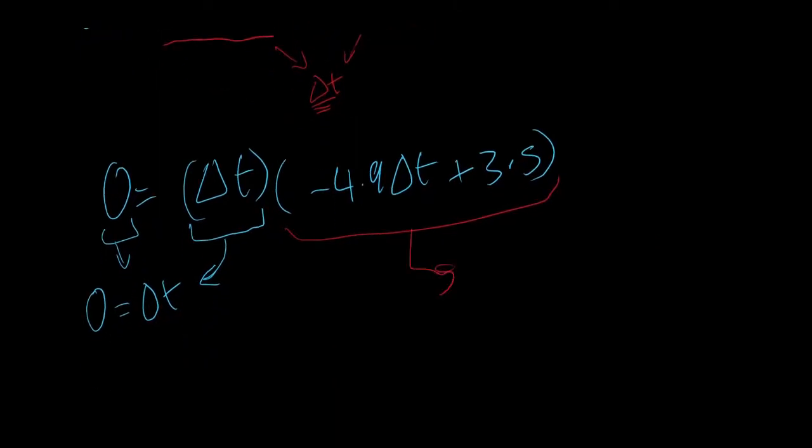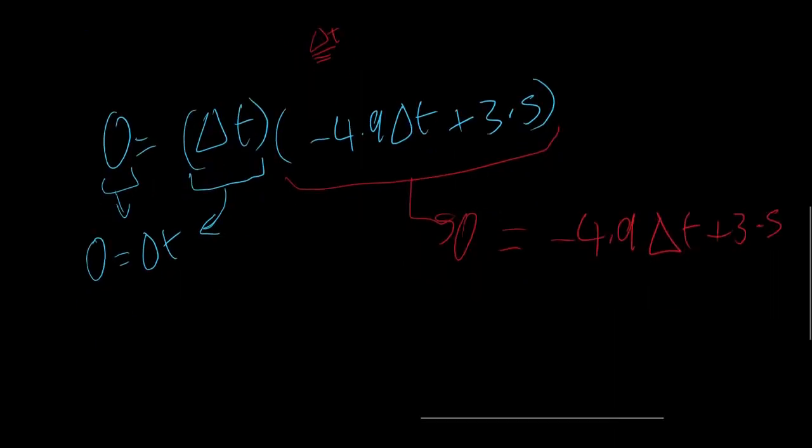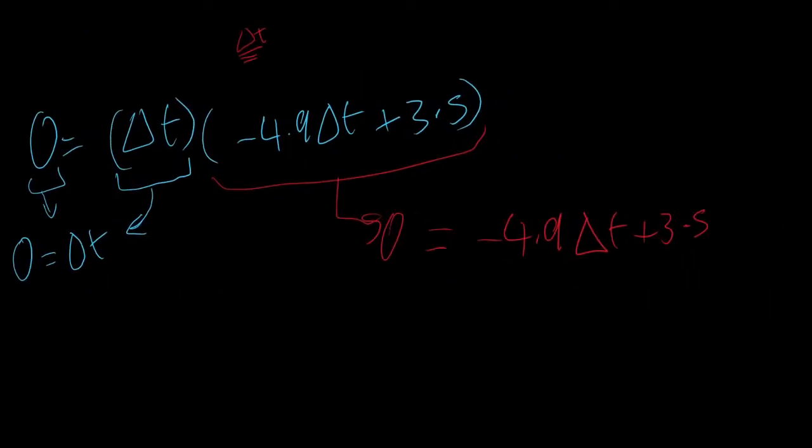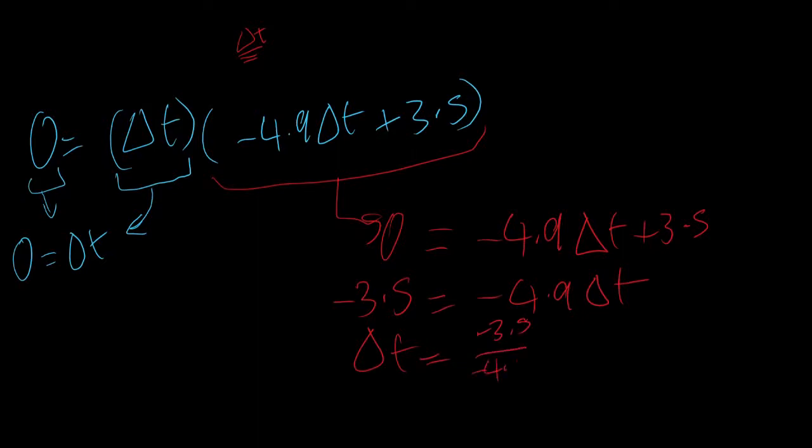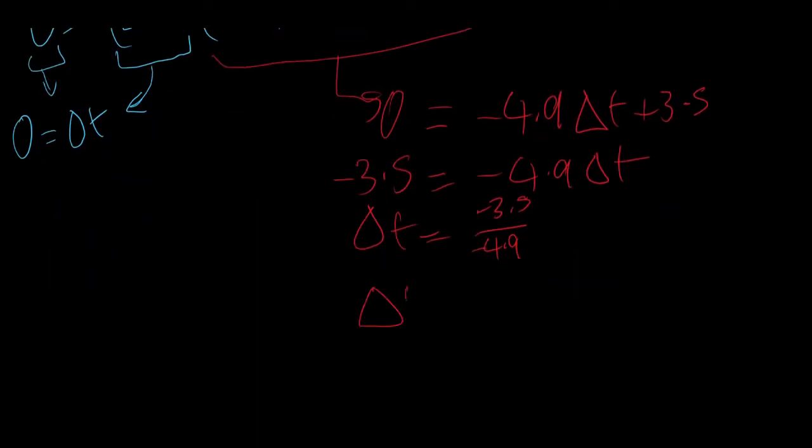It will be 0 equals negative 4.9 delta t plus 3.5. And now this is just a linear system. We can just solve for delta t. So bring 3.5 to the other side, becomes negative. Negative 4.9 delta t, we get delta t equals negative 3.5 over negative 4.9, which yields 0.71 seconds.